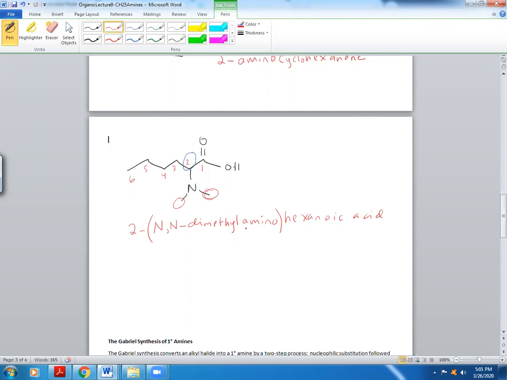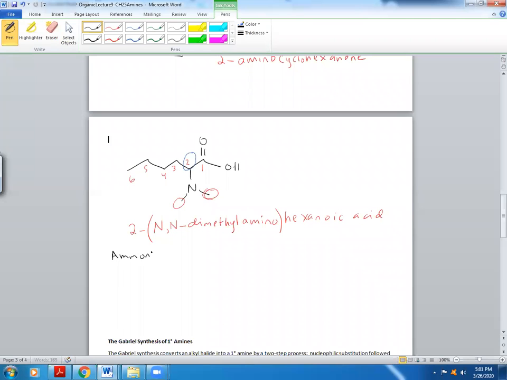I want you to look at this because this is very important. The other thing that I wanted to mention before we really get to the last two parts of this chapter is what we call ammonium salts, because you need this.